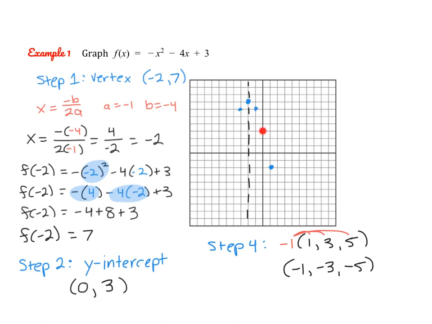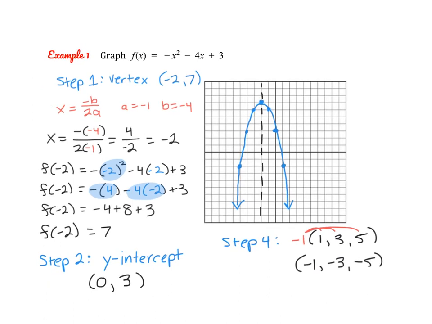This coordinate is 2 units away, so I go 2 units away on this side, and I put my next coordinate. And this coordinate is 3 units away, so I go 3 units away here. And now, if you connect your dots, you'll see that we have a downward facing parabola.